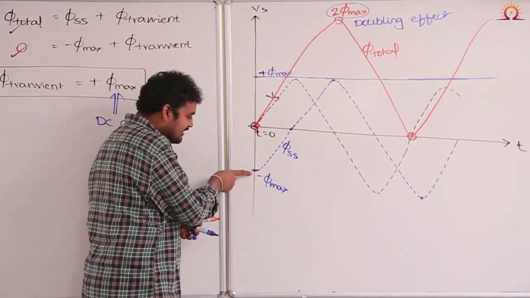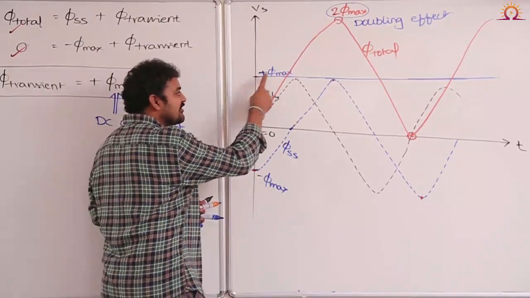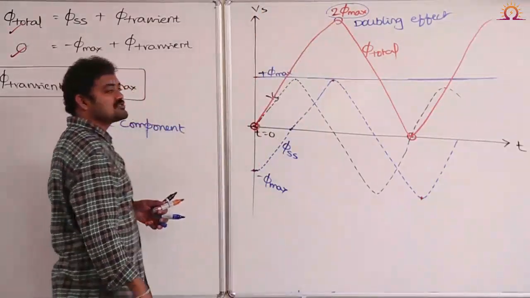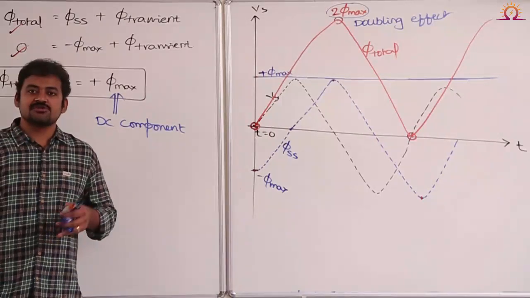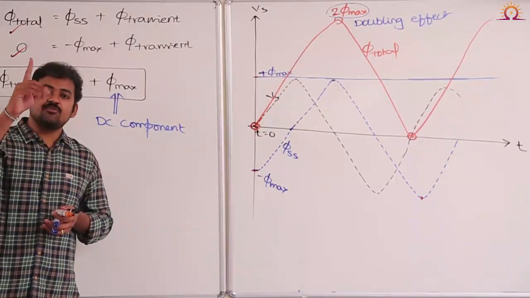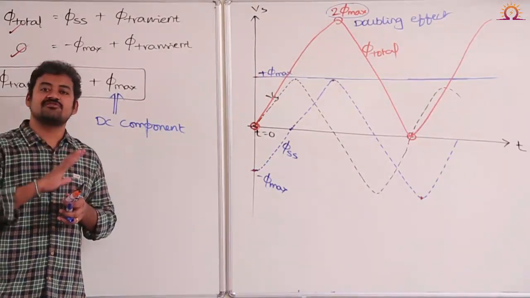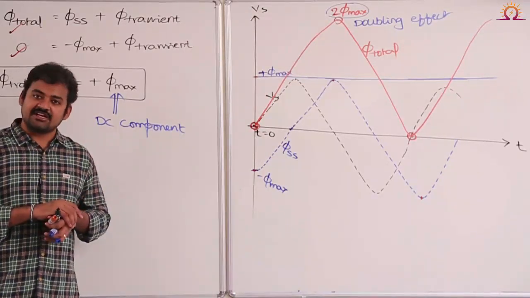If steady state flux is minus maximum, transient flux is plus maximum, therefore after one half cycle both are adding and the resultant flux becomes 2 times the actual maximum value. Am I right or not? So you tried to design the transformer for 1 time of maximum value, but unfortunately the flux reaches 2 times of maximum value, which is called the doubling effect of the transformer.